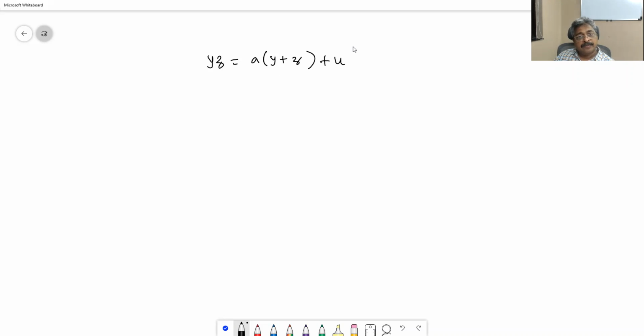So this is the first equation, and what we should do here is let us take these two guys to LHS. yz minus ay minus az is equal to u.